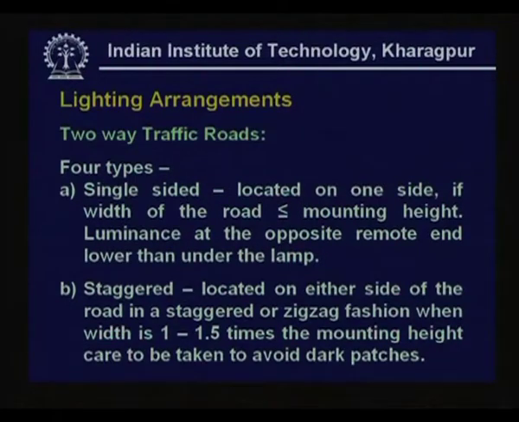So, we have the first arrangement, which is single sided, where we locate on one side. The second arrangement is staggered, where we locate lamps on either side of the road in a zigzag fashion. This is resorted to when the width is 1 to 1.5 times the mounting height, so that dark patches along the road are avoided. The only disadvantage with staggered is that from an electrical point of view, one may need two separate circuits, one for each side.